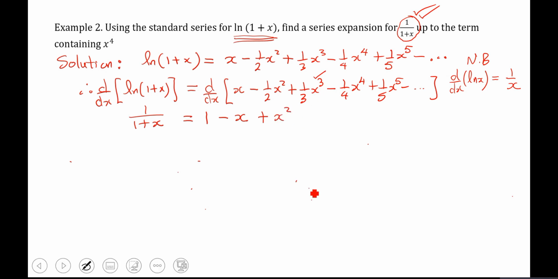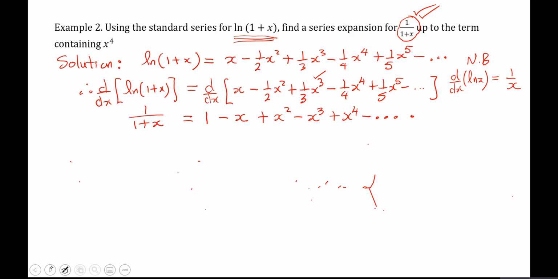I'm left with x squared. I'm left with x to the power 3 plus x to the power 4 minus, and there we have generated a series expansion for 1 over 1 plus x simply by differentiating a previous known series.